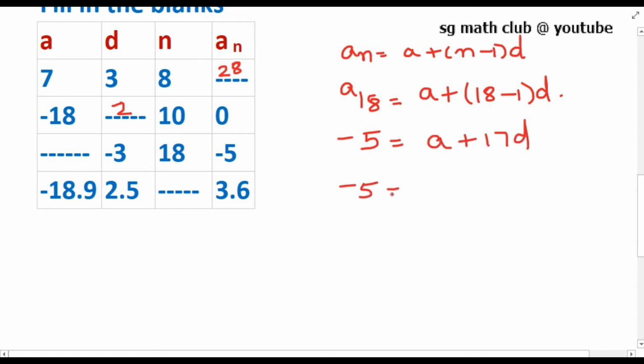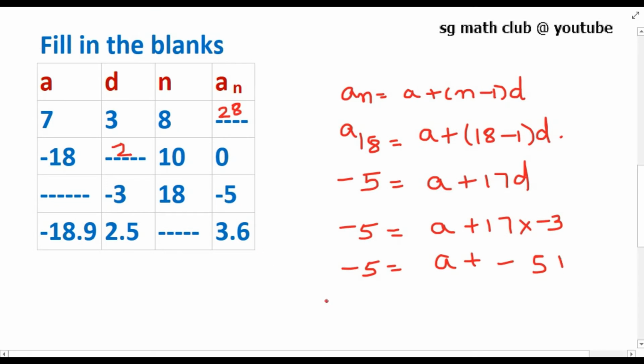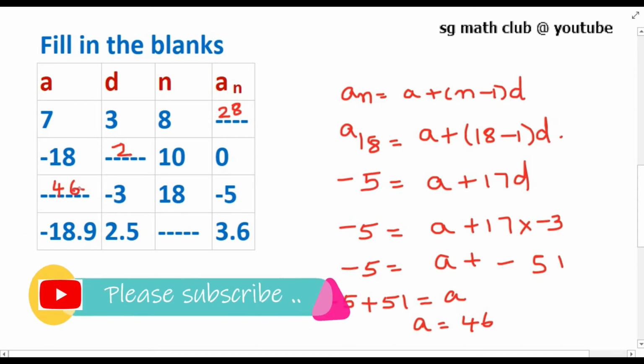And this time, we need to find a. So d is minus 3, 17 into minus 3. Minus 5 equal to a plus 17 into minus 3, so minus 5 plus 51 equal to a. So a is equal to 46. So we can fill in 46 here.